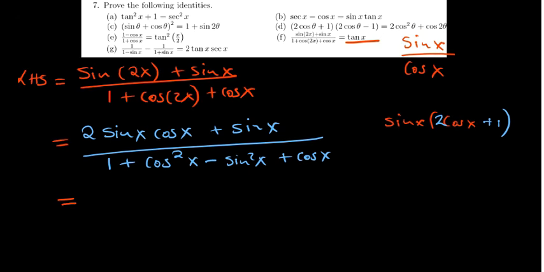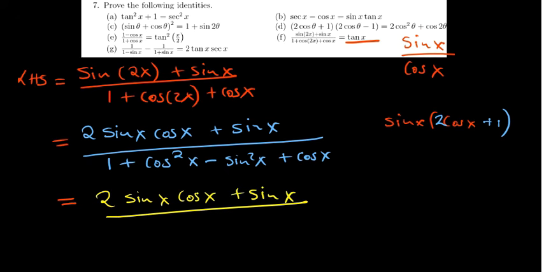Combining 1 minus sine squared of x gives us cosine squared of x. So you have 2 sine of x cosine of x plus sine of x on top, over 2 cosine squared of x plus cosine of x, because 1 minus sine squared is cosine squared of x, plus the one that is already there, they give us 2 of them.